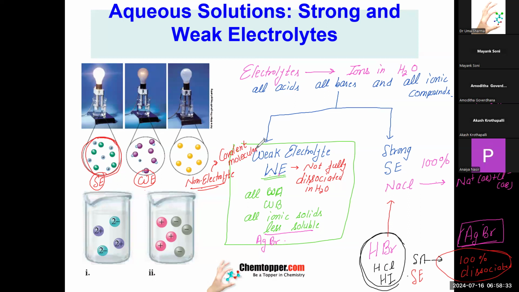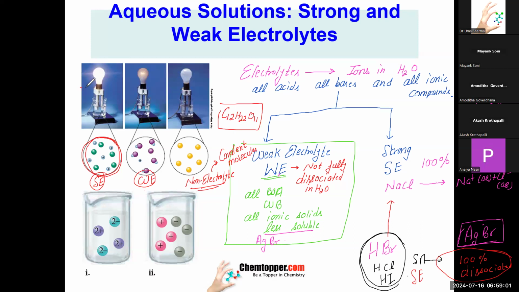Is sugar soluble in water? So is sugar going to break down into ions? Formula is this one. No. So sugar is not going to give you ions in water. It's a non-electrolyte, right?